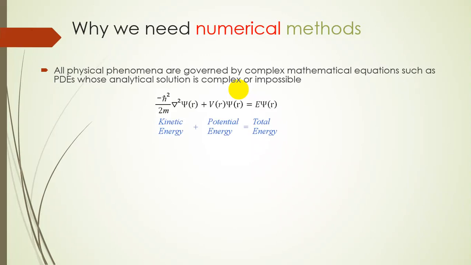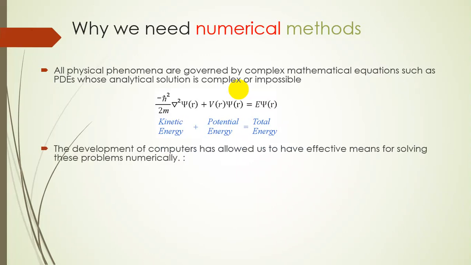Take the famous partial differential equation of Schrödinger: the kinetic energy plus the potential energy equals the total energy. Solving this equation is not easy. The development of computers has given us effective means for solving such problems numerically.